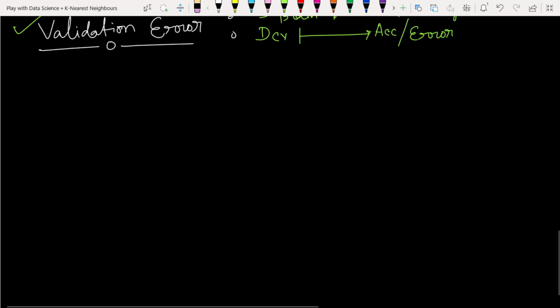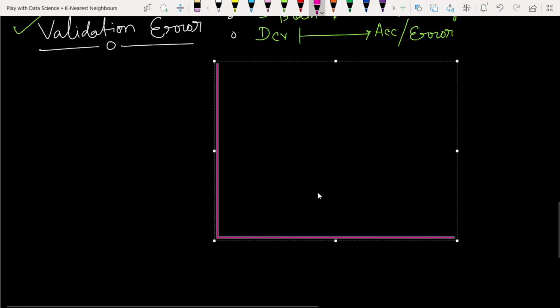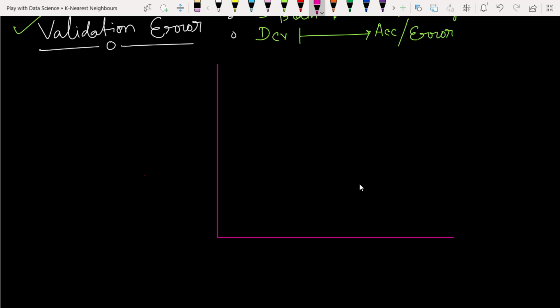Suppose this is our k axis, and here we draw the error axis. Here k equals 1, here k equals 2, here k equals 3, up to k equals n. Our maximum error will be 1 and minimum error will be 0.